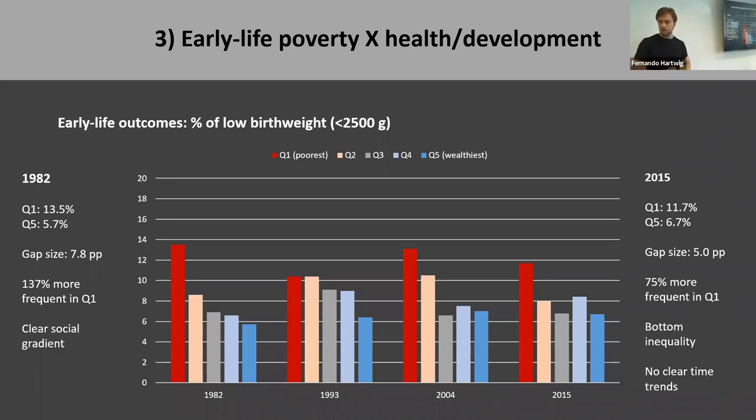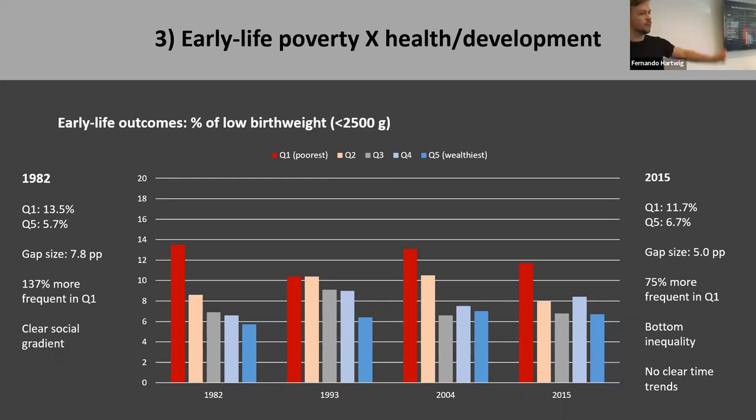If we go to 2015, we see a different pattern of inequality, what we call bottom inequality, where the poorest subset is worse than all others. And that's what we see there, right? We see in 2015 a higher prevalence of low birth weight in the poorest subset. And in the other ones, it's pretty much the same, sort of going up and down as we go through all the other groups.